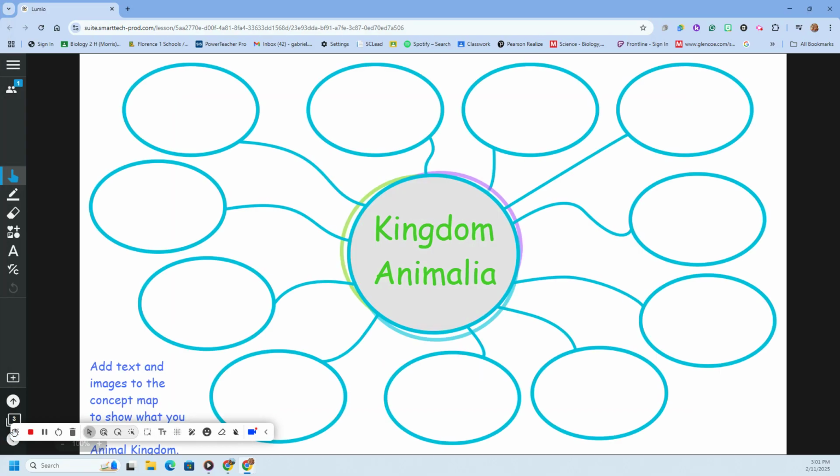The first thing I want to do, and this is something that we would do in class if I were with you, is think about what image comes to mind when you hear the word animal. If we were to fill in this concept map, think about what you think people would say an animal is.